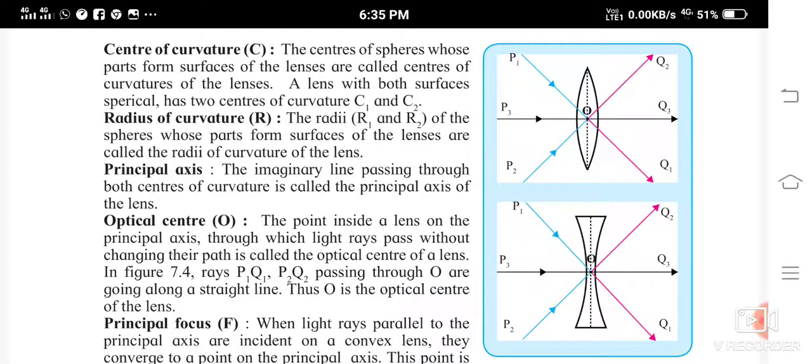In figure 7.4, rays P1 Q1 and P2 Q2 passing through O are going along a straight line.